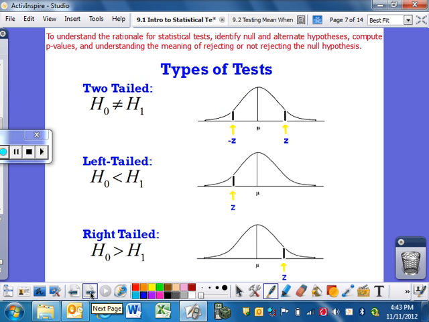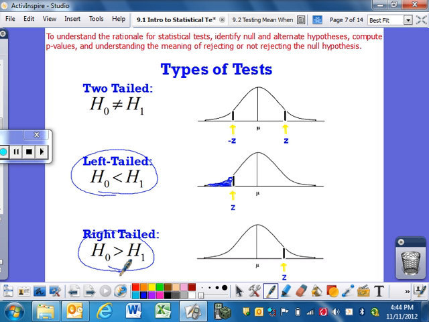Okay? Now the different types of tests, I've kind of mentioned this a little bit. Left tail test is what I've actually kind of shown you with the hypothesis more so than anything. What we're going to do is look for the probability, the number, in the left tail, because it's a left tail test, because it's less than. If I would do a right-tailed test, I think that my alternate hypothesis is greater than.